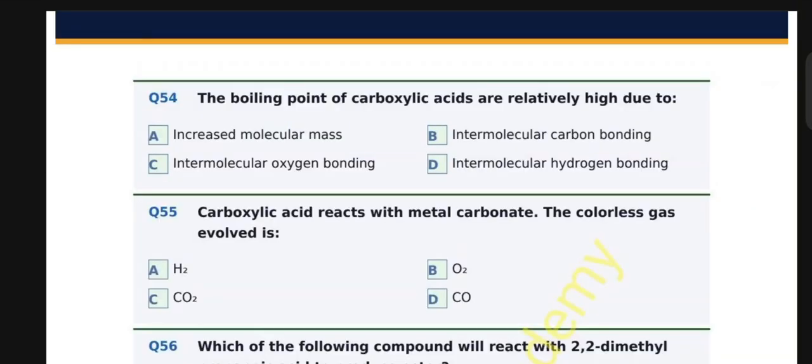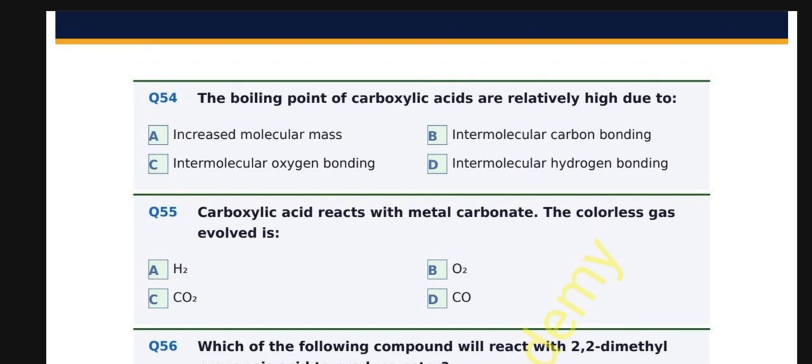Question number 54. The boiling points of carboxylic acids are relatively high due to A. Increased molecular mass. B. Intermolecular carbon bonding. C. Intermolecular oxygen bonding. D. Intermolecular hydrogen bonding.